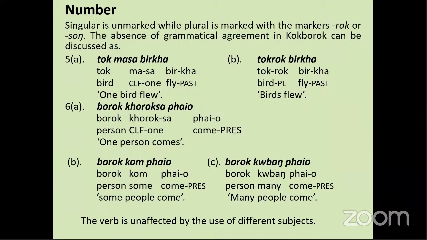Now we'll see the number in Kokborok. Only two numbers are distinguished in Kokborok, that is singular and plural. Singular is unmarked, while plural is marked with morphemes like rok, which is used for all other nouns, or the morpheme like sa, which is used for proper nouns indicating humans. And plurality can also be expressed by means of lexical quantifiers such as kubang, many, and kom, some.